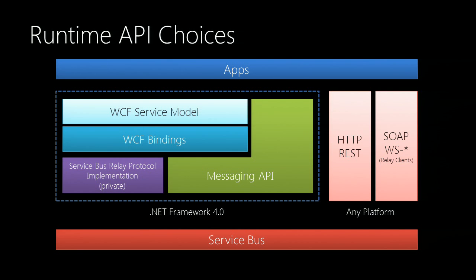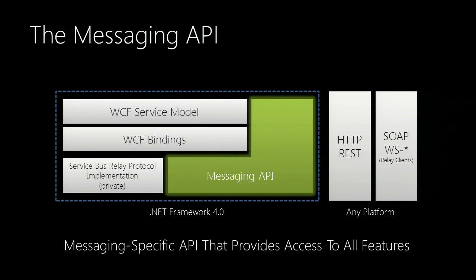You can go and use WCF, as I'll show you in a little while, or you can use the messaging API. If you use the messaging API, you get access to all the underlying features, everything that we have, right? It's a low-level API. Low-level in the sense that what I just showed you was as low-level as it gets.